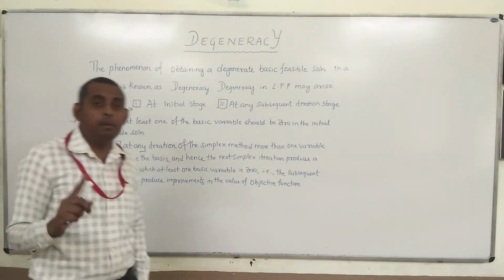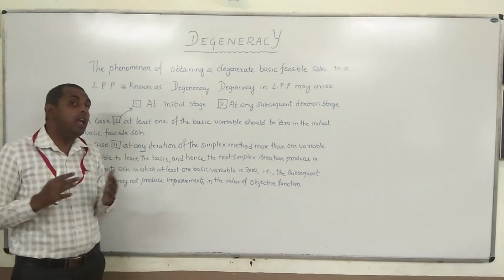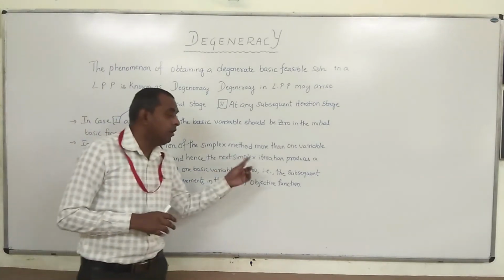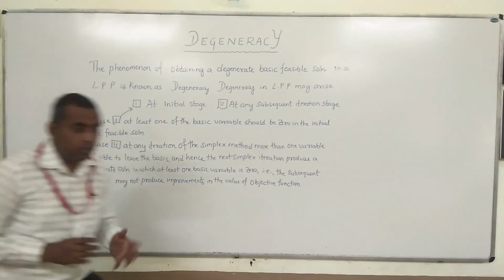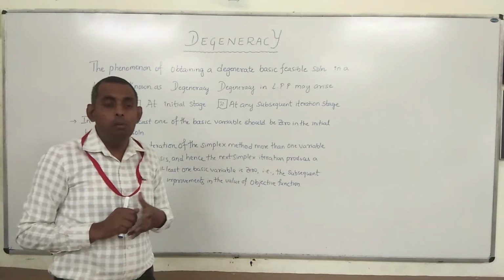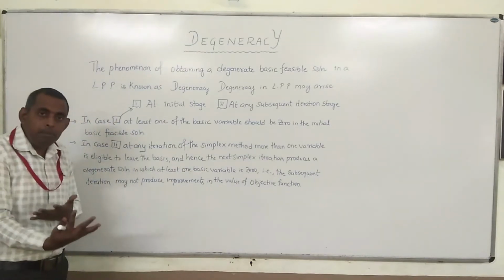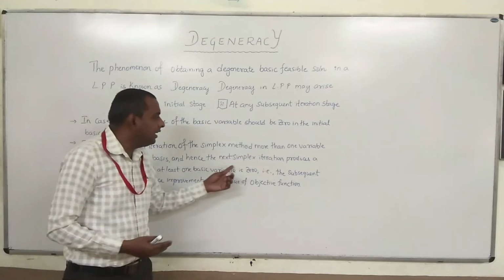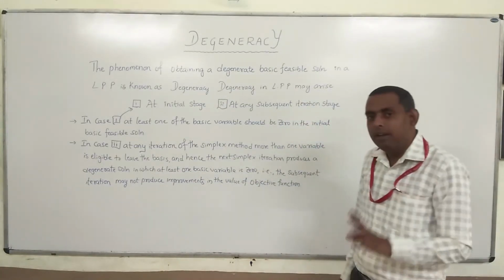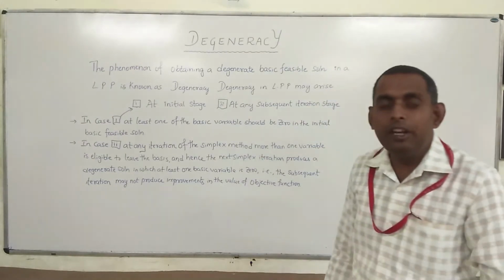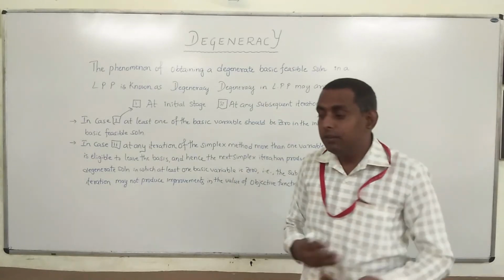In case of any iteration of the simplex method having more than one variable eligible to leave the basis, the one that leaves is the one with the minimum value.